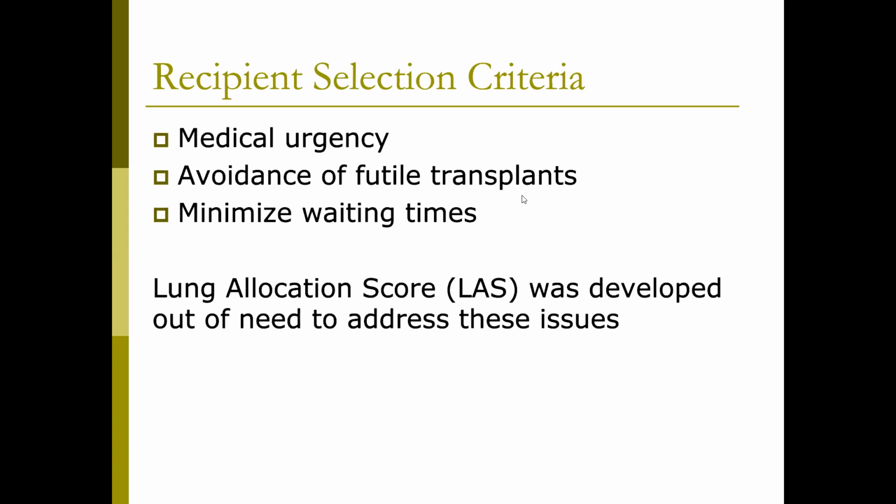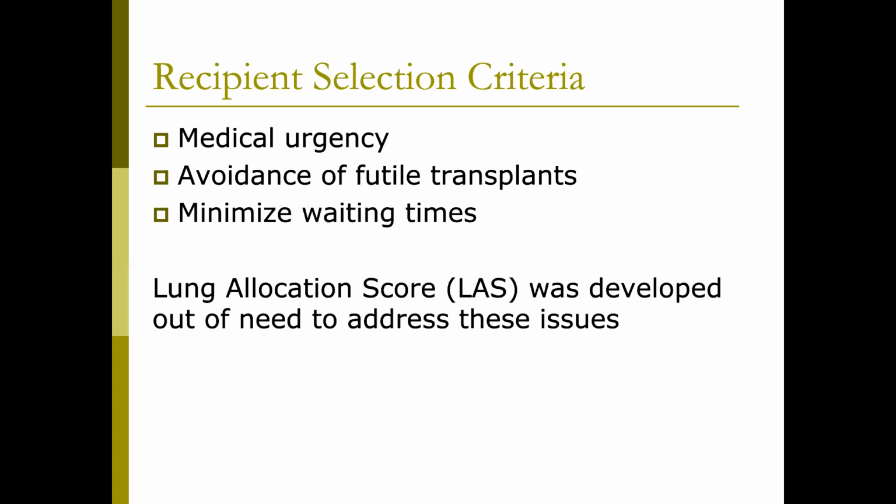And we want to minimize the waiting. If someone goes on the waiting list, we don't want that individual to stay on the waiting list for too long. For these three major reasons on how to select the patient, the Lung Allocation Score was developed in the early 2000s. Lung allocation changed dramatically somewhere between 2004 and 2005.